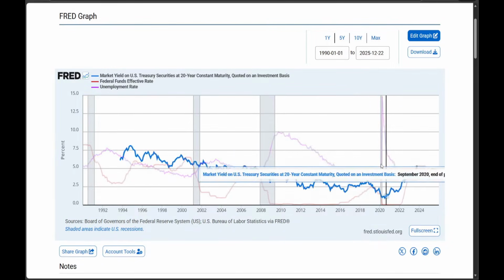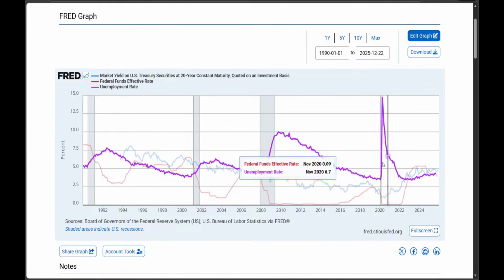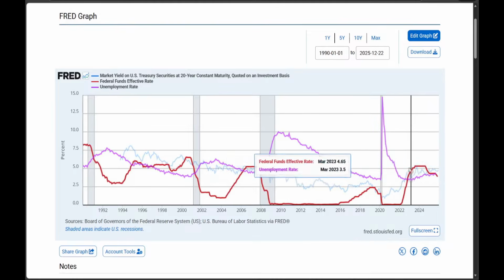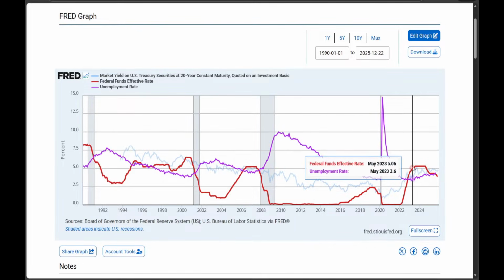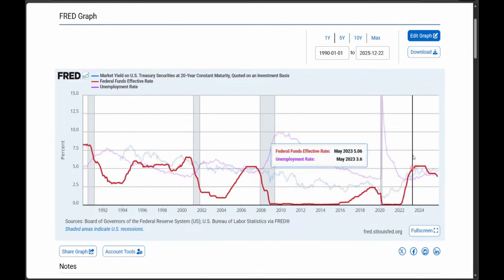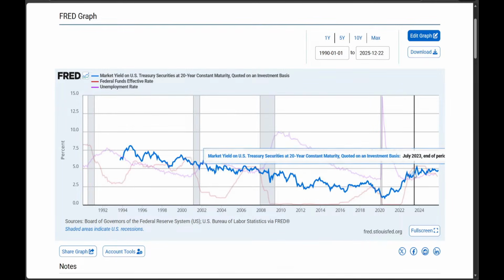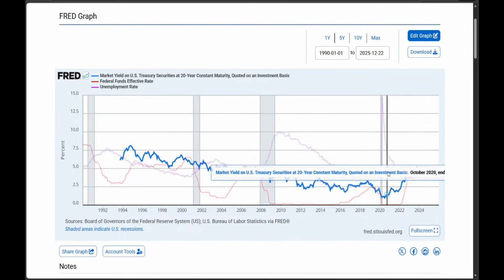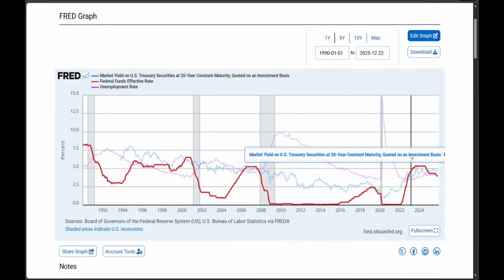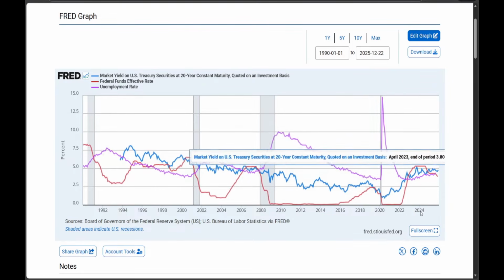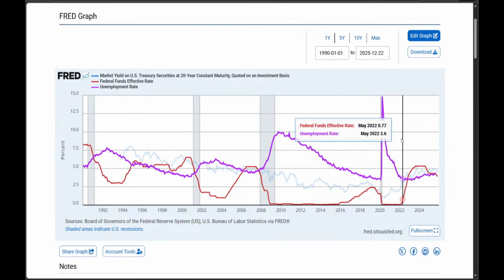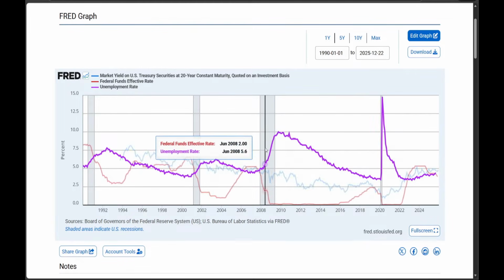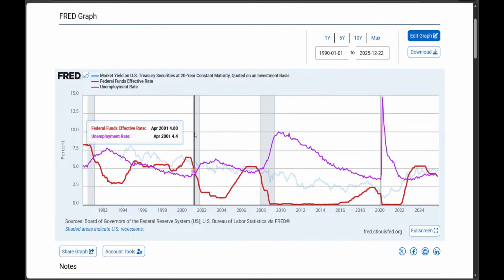If COVID didn't occur, we would have probably seen the Fed continuing to raise interest rates slightly, probably would have seen the yields moving slightly higher, and then seeing unemployment increasing and then seeing the major cut. Now, with COVID, that messes up the cycle a little bit, but we still follow these previous cycles.